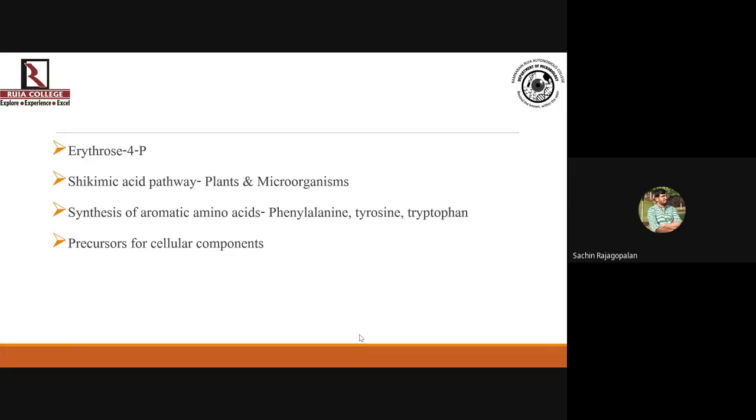Also in HMP, you have formation of erythrose 4-phosphate. We just saw that in transaldolase reaction. Let me tell you that erythrose 4-phosphate and PEP, which we have studied in glycolysis, these are very important raw materials or precursors for a pathway in plants and microorganisms, which is called as shikimic acid pathway.